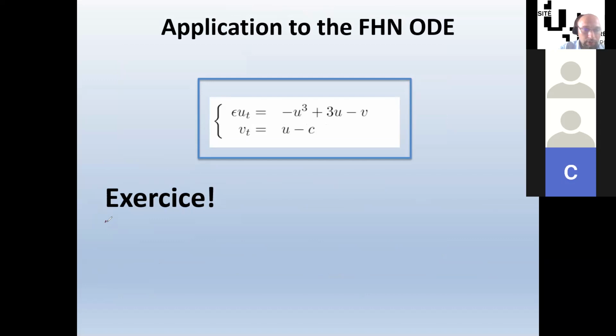Layer problem. Find the layer problem in this case. What are the stationary points and the stability?